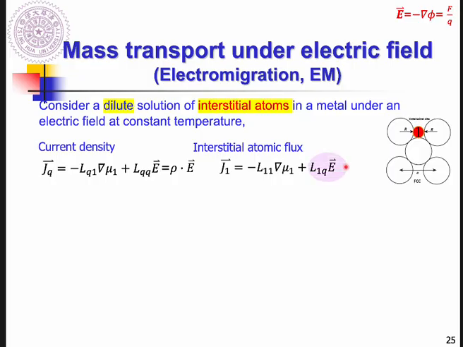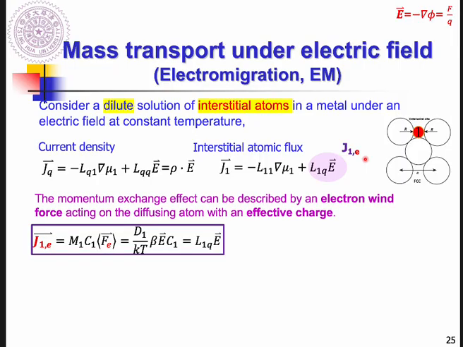Okay, so next I'm going to emphasize this indirect term, and use the symbol for the interstitial atomic flux, where the small e means induced by the electrons flow or electrical field. Okay, so write this down as a vector of the interstitial atomic flux driven by the electrons flow.